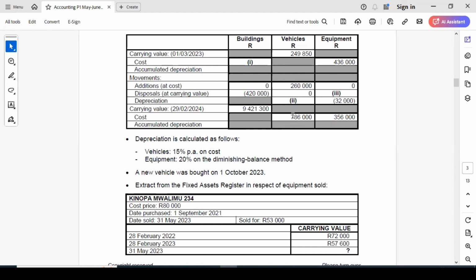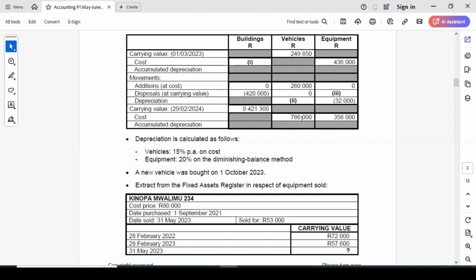So the cost price at the beginning of the year plus the disposal minus this should give us this. So in this case, we only have these. So we're going to subtract going upwards. It's one and the same thing that we did here on the building.